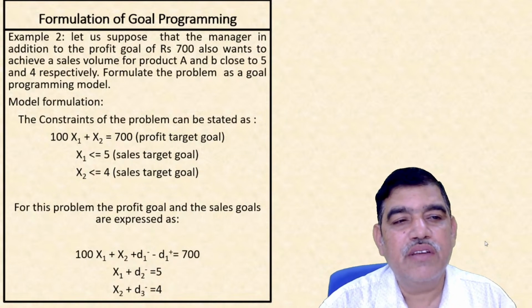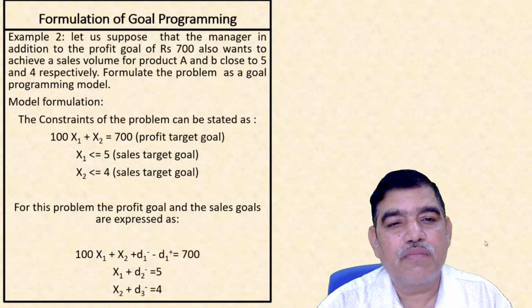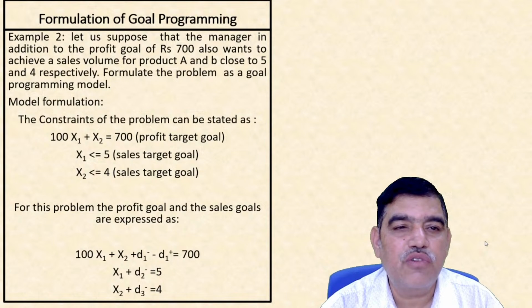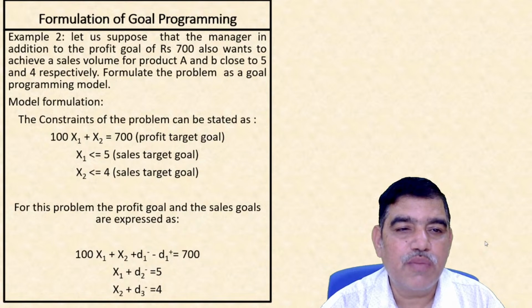Similarly, I am explaining another example by considering example 1. Let us suppose that the manager, in addition to the profit goal of rupees 700, also wants to achieve a sales volume for products A and B close to 5 and 4 respectively. Formulate the problem as a goal programming model.